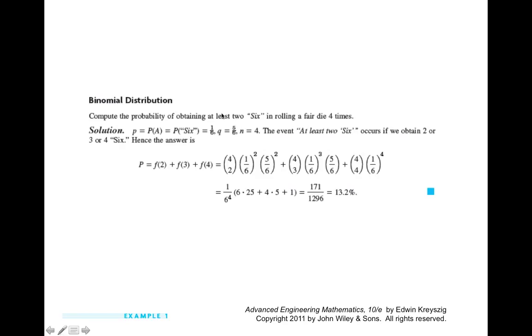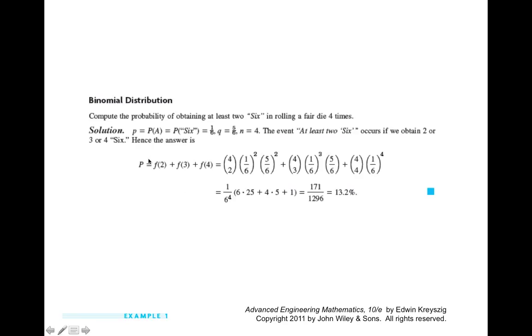And note that it says at least 2 sixes. So if we do 4 different trials, we'll first of all want the probability that we get 2 sixes, then we would want the probability that we would get 3 sixes, and then we would want the probability that we would get 4 sixes. So each of those is a separate case.